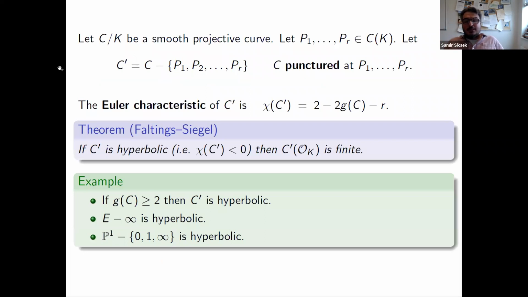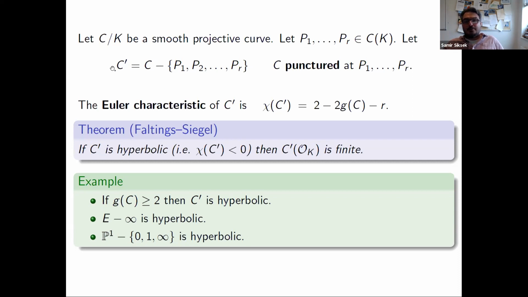So here's basically what is known for curves. If you start off with a smooth projective curve and you choose a bunch of points, I've made my points in C(K), but actually they don't have to be. They could be in C(K bar), but stable under the action of Galois.